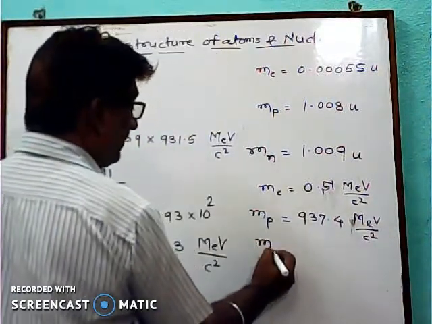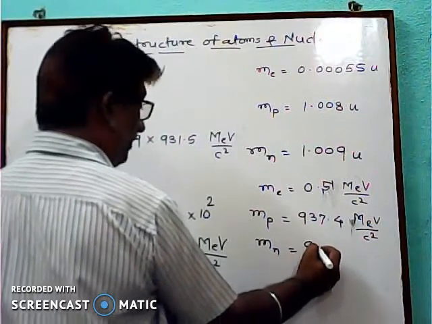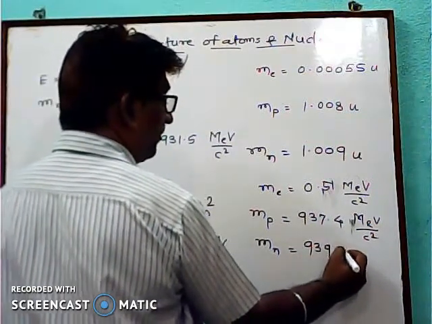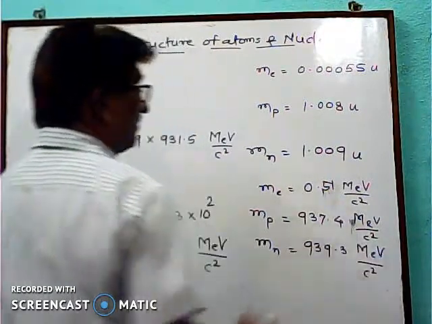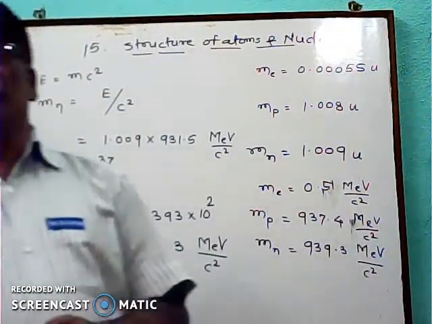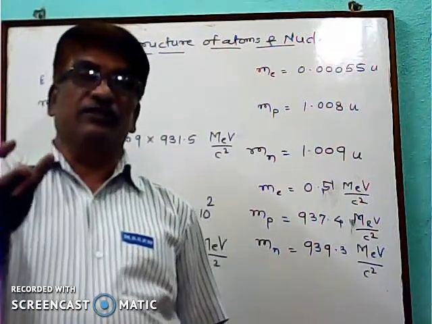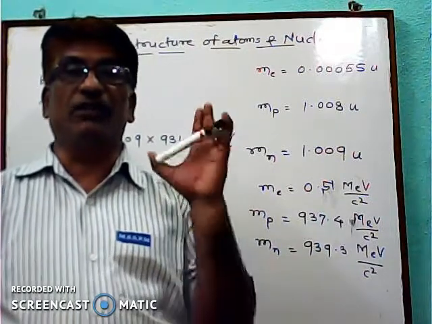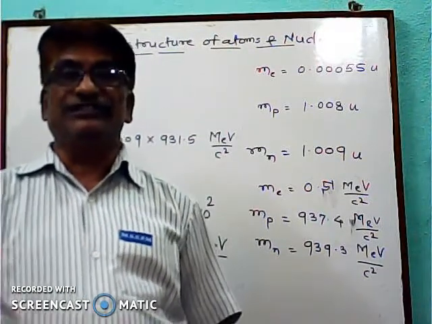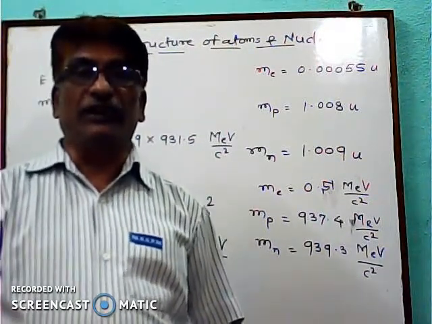And lastly, the mass of neutron will be 939.3 mega electron volt per c square. These are three methods for measuring the unit of mass of atom and its subatomic particles.